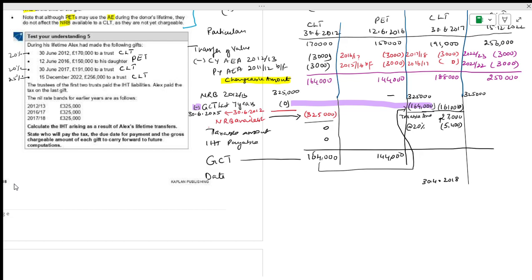We will think in a different way. Okay, that's the problem. How much is the chargeable amount? 188. Is it right? That 188 they have taken here.